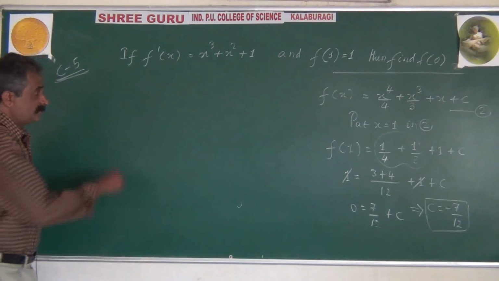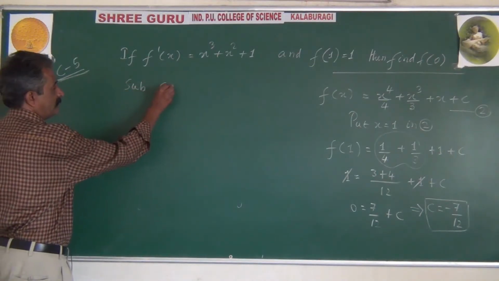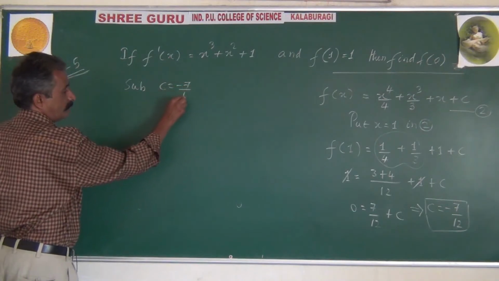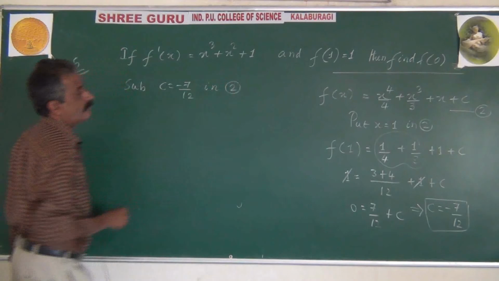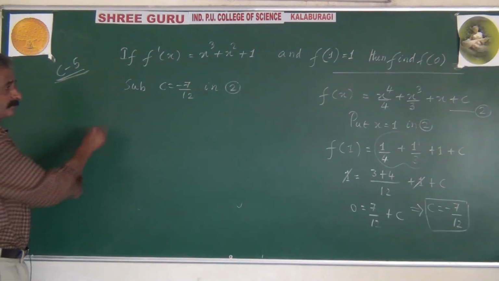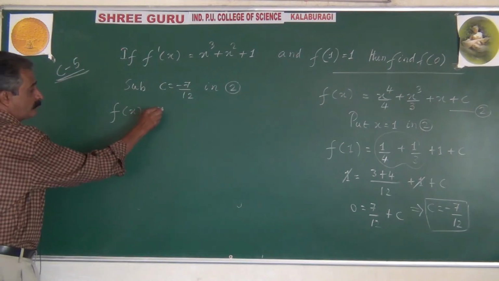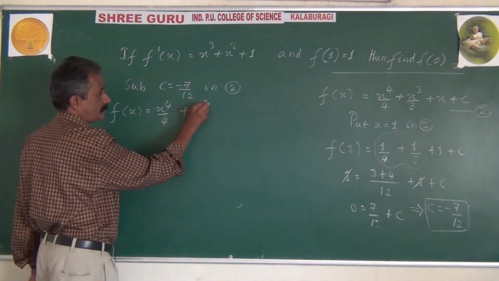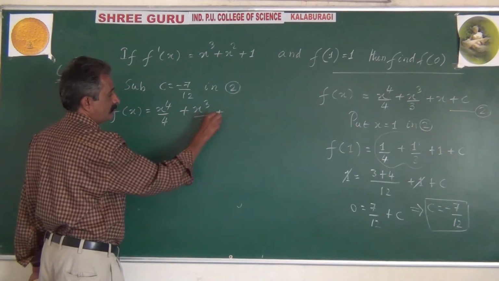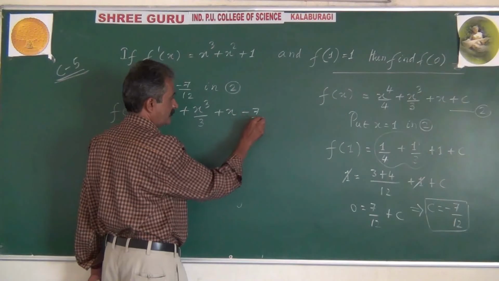Now write, substituting c equal to minus 7 by 12 in equation 2, so that f of x equals x power 4 by 4 plus x cube by 3 plus x plus c, c meaning minus 7 by 12.